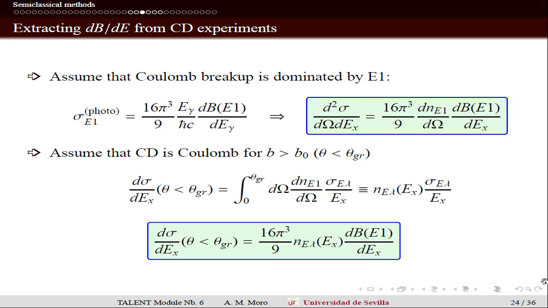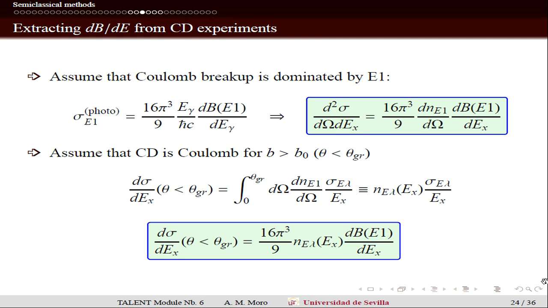So in this situation, this differential cross-section as a function of Ex, the excitation energy, integrated in this angular range according to this expression, is proportional to the B1 distribution. So when making this integral in the angle, we have the integral of this number of equivalent photons.